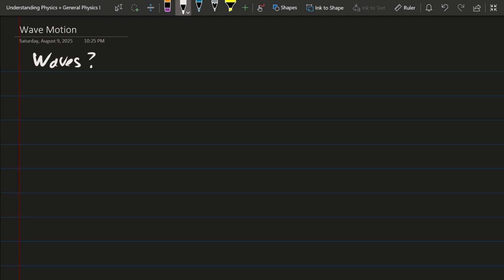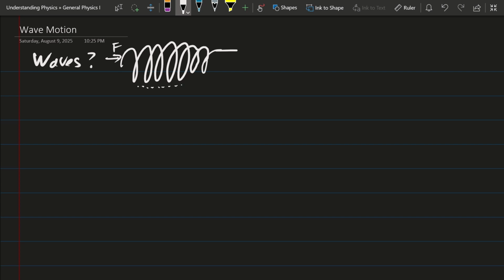For example, if you have something like a slinky, and then you give a sudden impulse, there will later be a propagation in the medium that causes energy to go from one place to the other without transmitting its matter. And so that is what we call a wave.